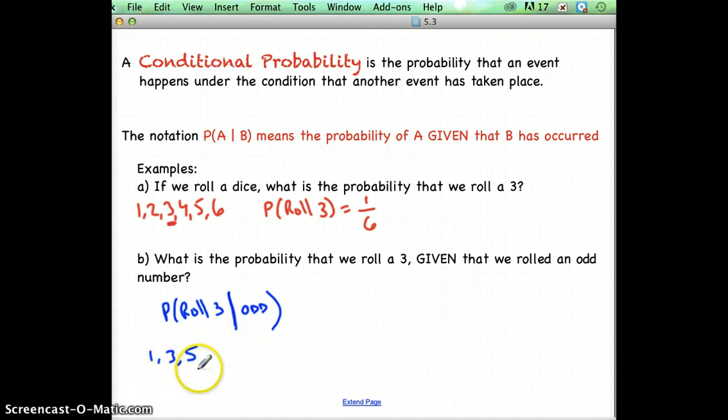What's the probability that we roll a 3? That's a 1 in 3 chance now. So it's a little bit different when you have this condition. Probability of rolling a 3 on condition that we already rolled an odd. These are our odd possibilities, and rolling a 3 is 1 out of the 3 possibilities.